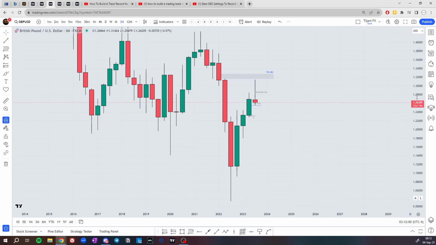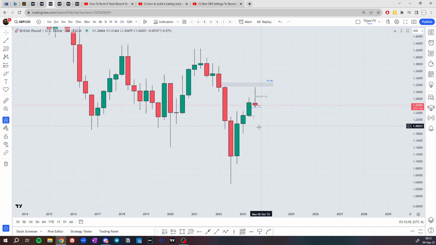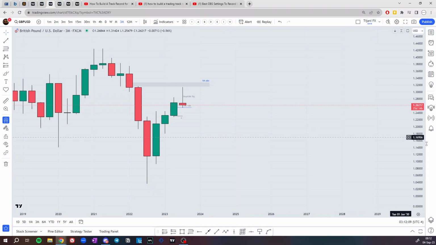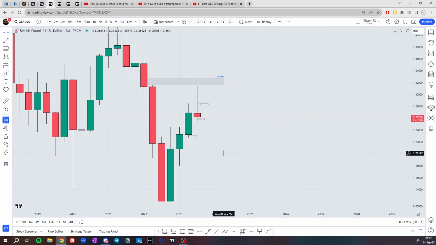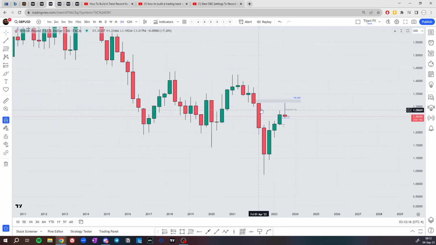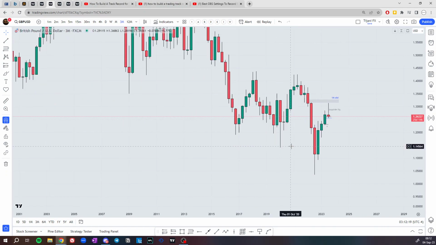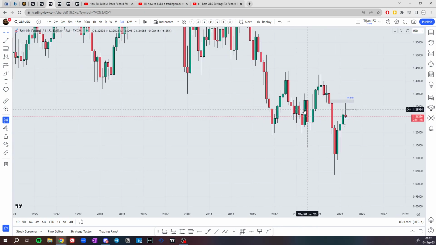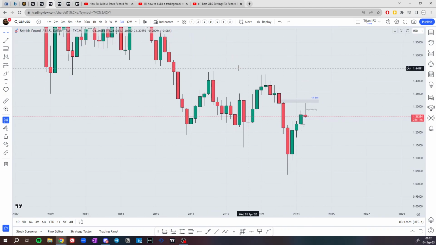Yes, we could be expecting price to drop lower, but what I'm seeing on the cable is price has taken this low here, then could have an accumulation, manipulation and distribution above this high, or price could just be retracing to the premium of this range from this high to this low, then a continuation lower.